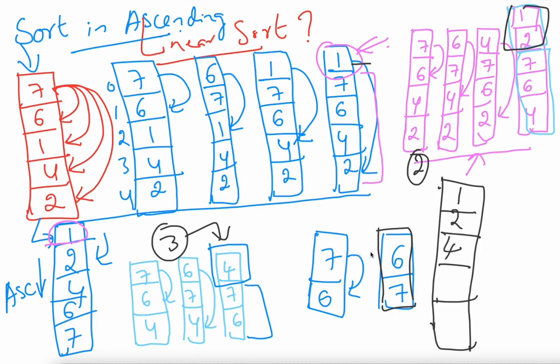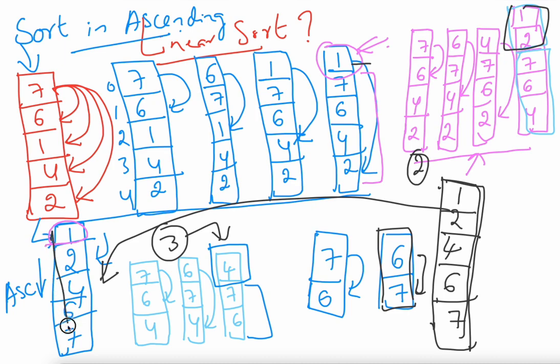In our last iteration, we sorted these two items, then 6 came here, 7 came here. Now this array is exactly the result we wanted. So this is how linear sort works.